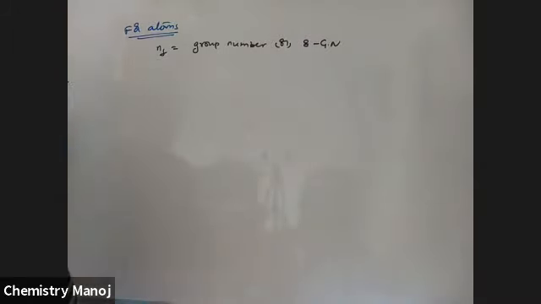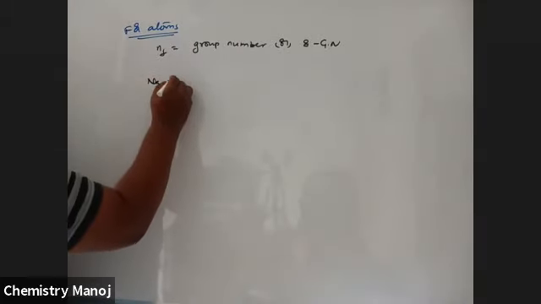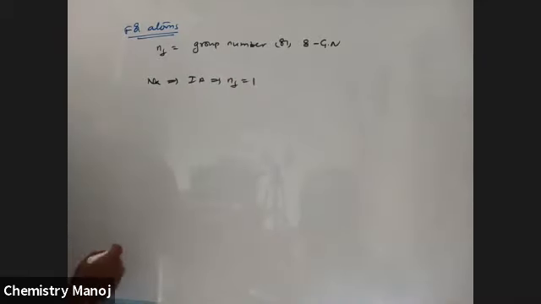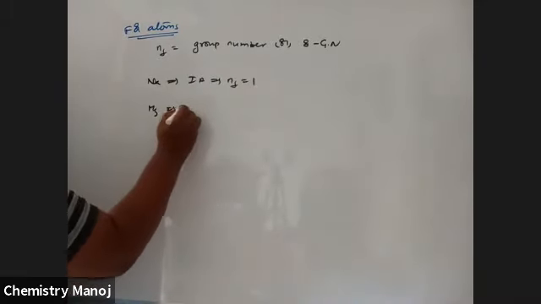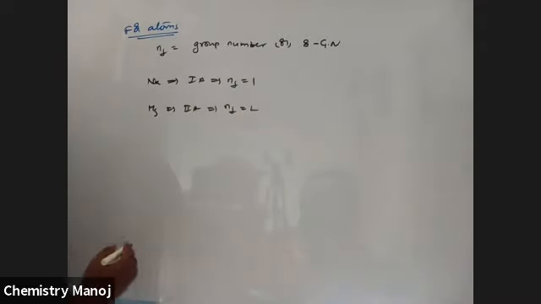It is for atoms, either group number or 8 minus group number. For example, sodium is a first A group element, therefore n factor is equal to 1. Magnesium is a second A group element, therefore n factor is equal to 2.